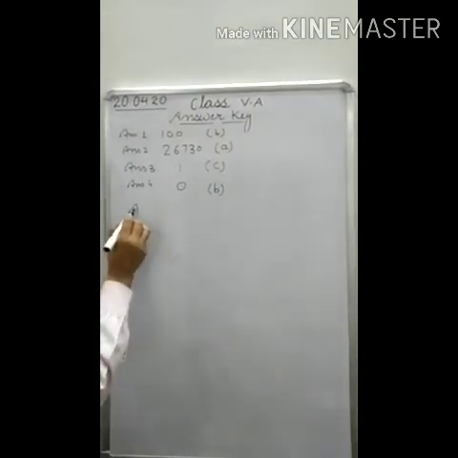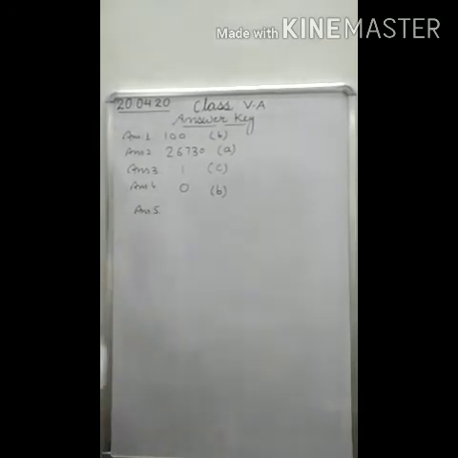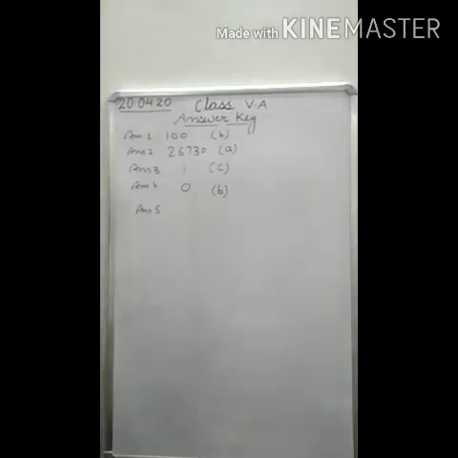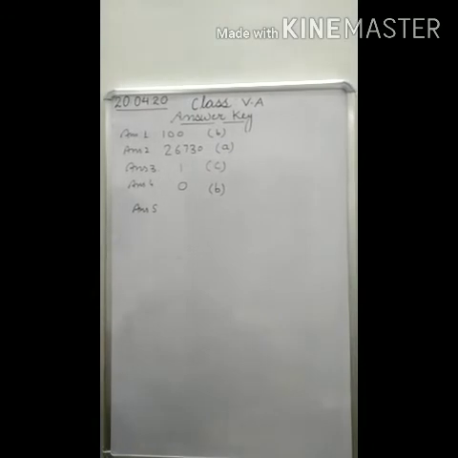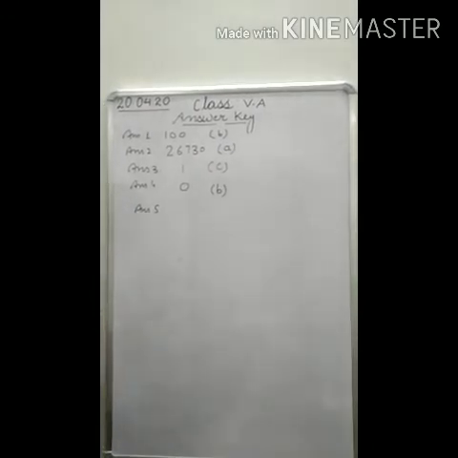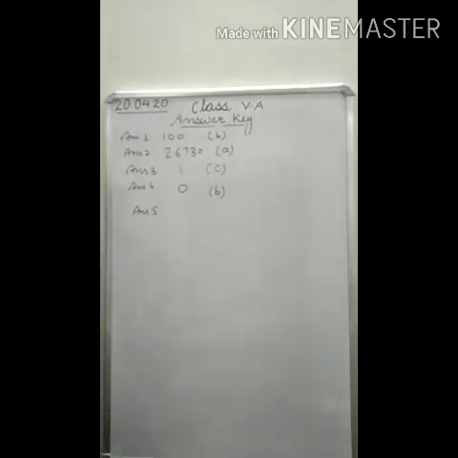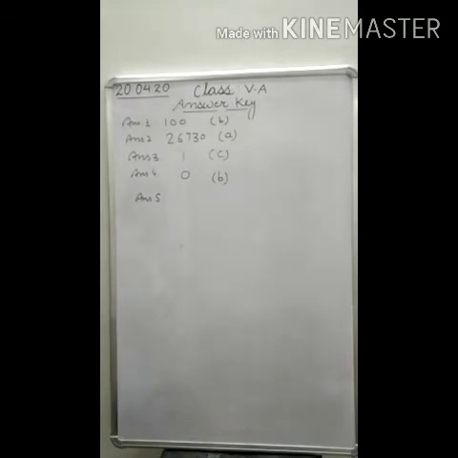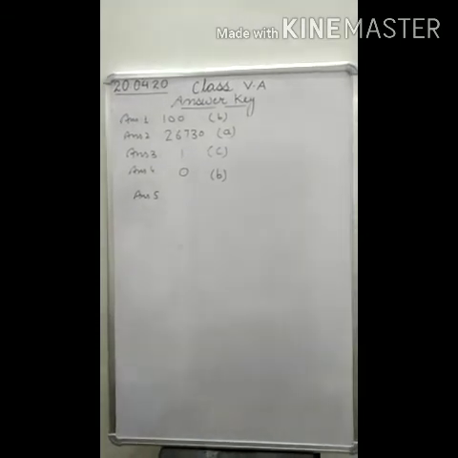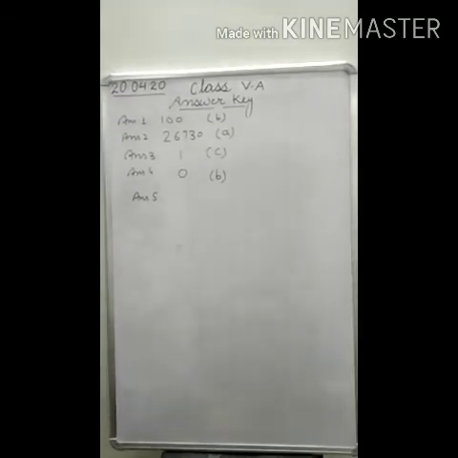Now come to answer number 5. Here in question 5 you have been given that quotient multiplied by divisor plus remainder is equal to dash. Students, you did these questions in the exercise of division, and you verified the division by this formula.